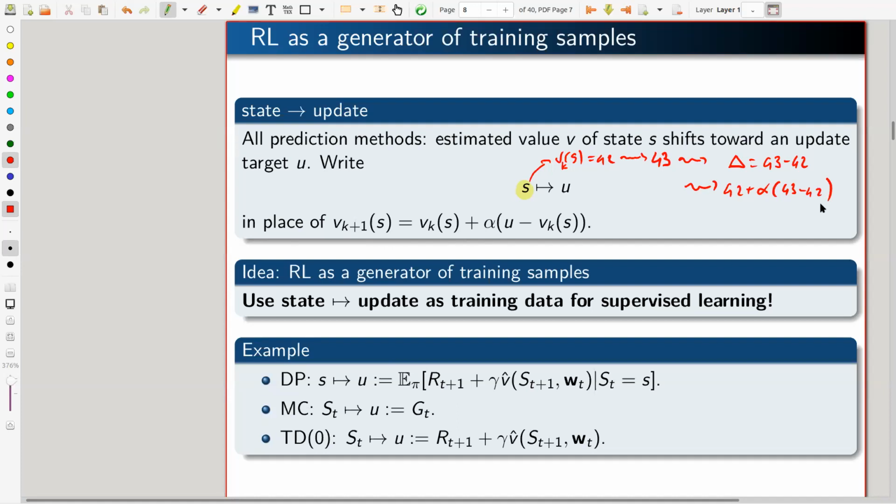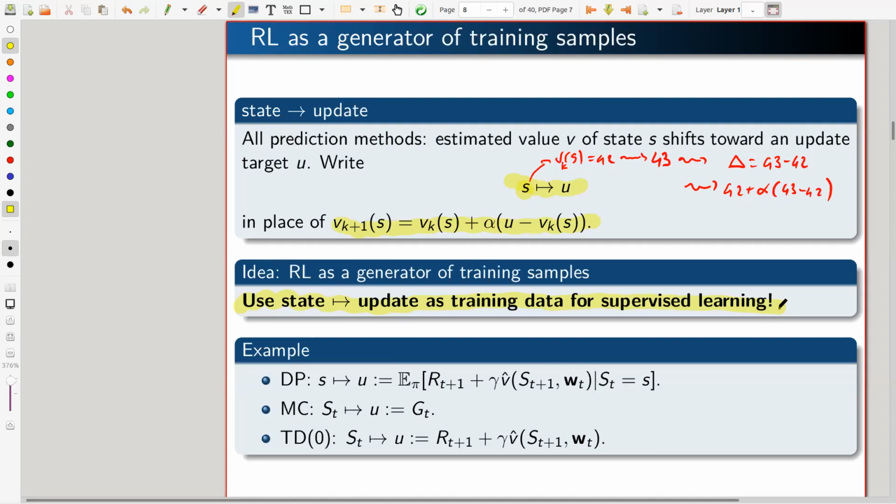And instead of writing this equation as this, we now write just S is moving towards the target U. The target U is any target you can imagine with any method you know or you can think of. Well, the idea is the following: just use this as training data for supervised learning.